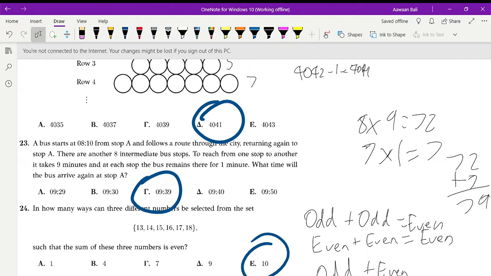Now basically, just imagine that the whole bus route connects back to stop A. So like, if stop A was here, it could go like this, something like that.